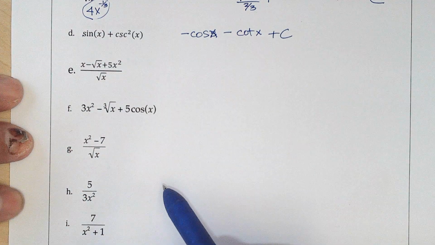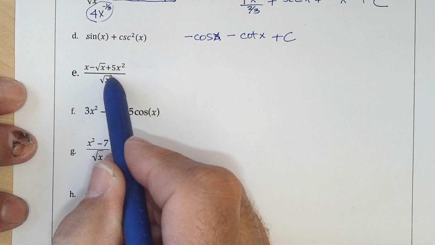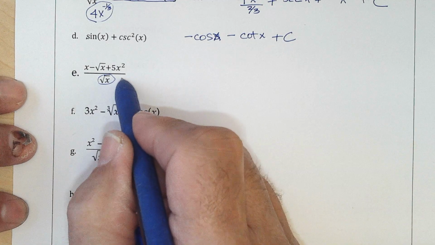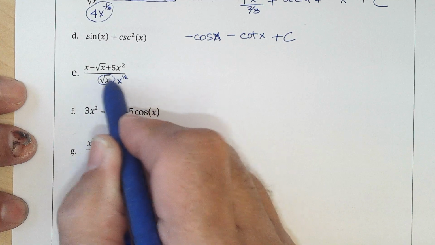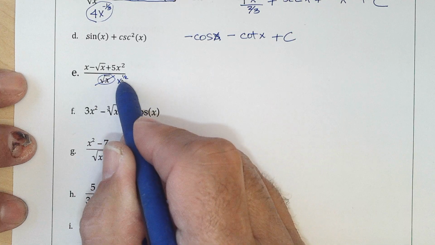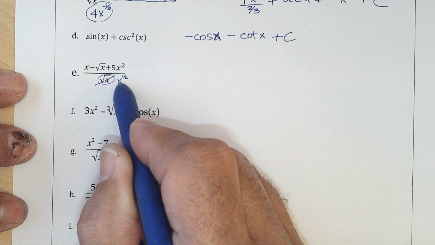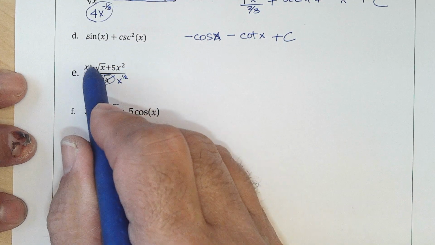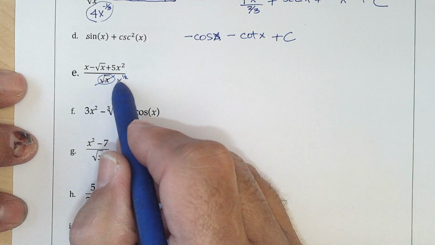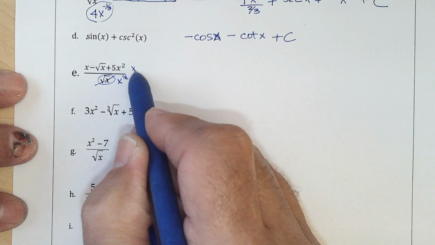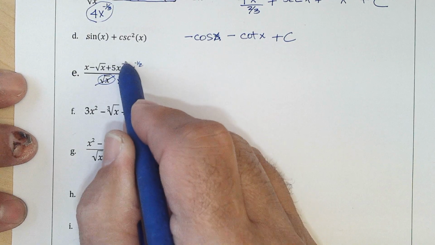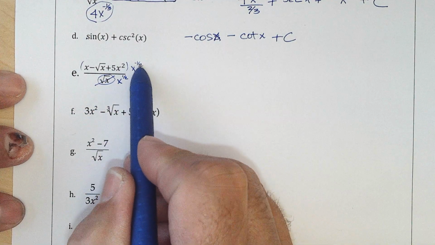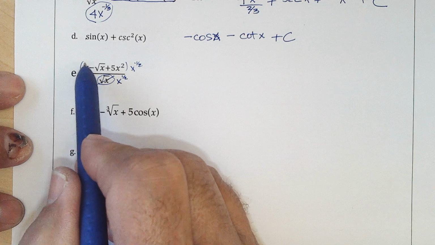We've got division, can't have it. This square root is x to the 1/2. This is x to the 1/2 in the denominator. I can either think of dividing this into each of these, which means I would subtract the powers, or I can bring this up and call it x to the minus 1/2 and distribute it times each one of them, and so then I'd add the minus 1/2 to each of the powers.